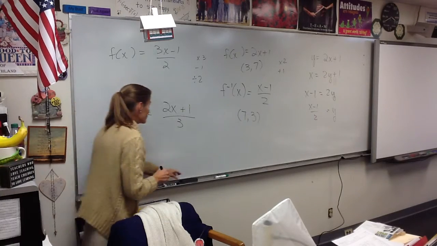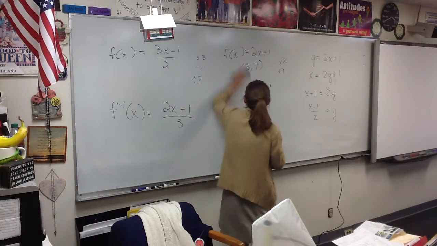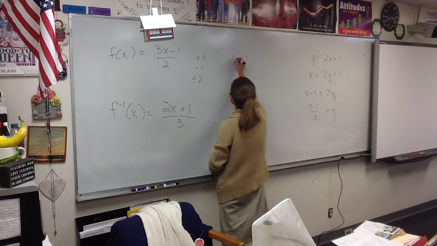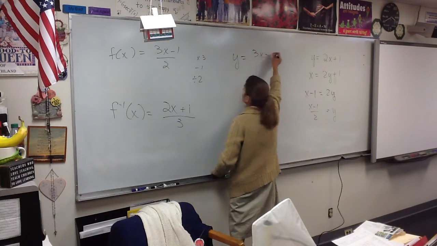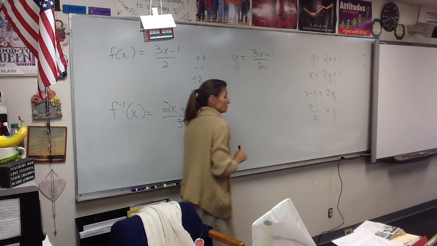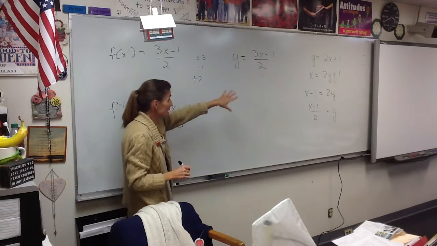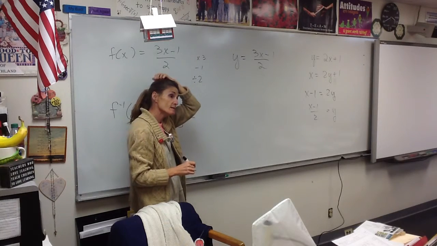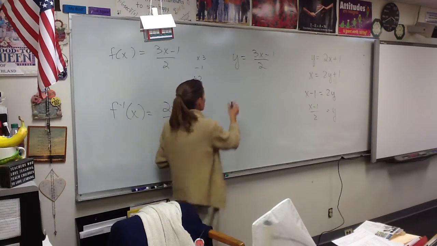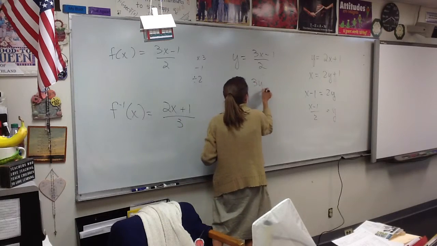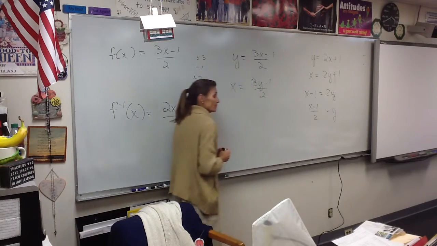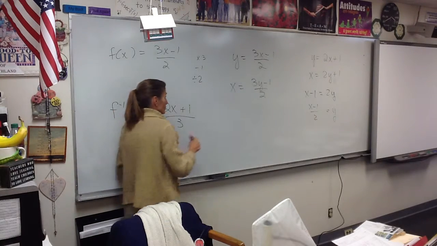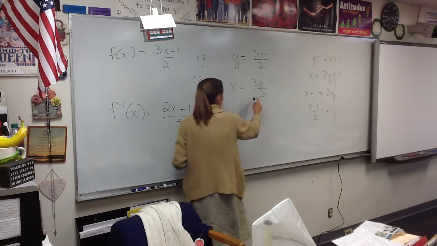But if you're confused about that, let's go through these steps over here. Here's the original problem. So what did we say? What was the first thing we had to do if we're going to find the inverse this way? The first thing is switch your x's and y's. Now, you got to get this alone.